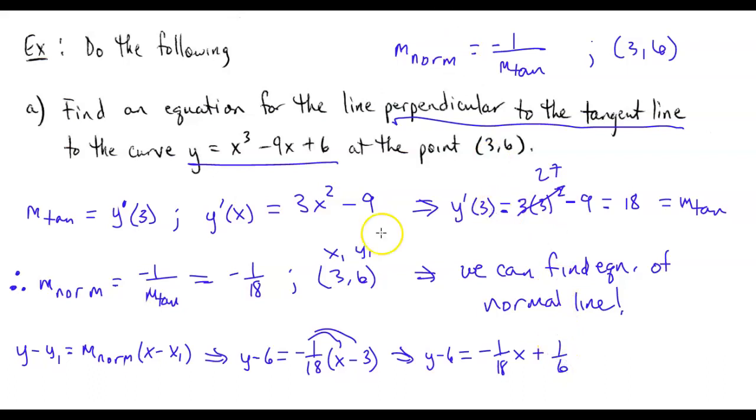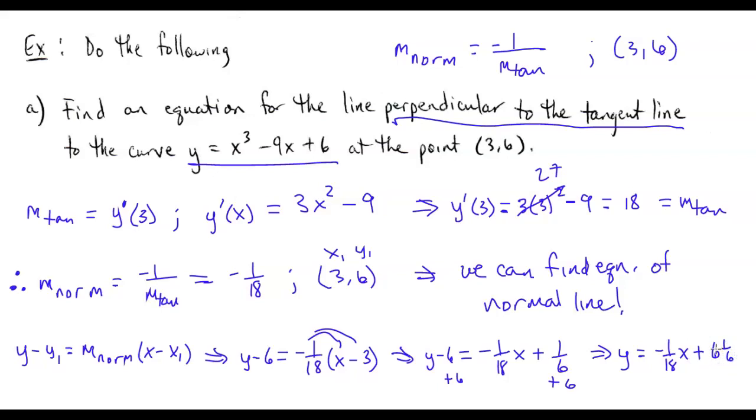All right, and so now finally we just need to add 6 to both sides. If I add 6 to both sides, then we get y is equal to negative 1/18 x plus 6 and 1/6.